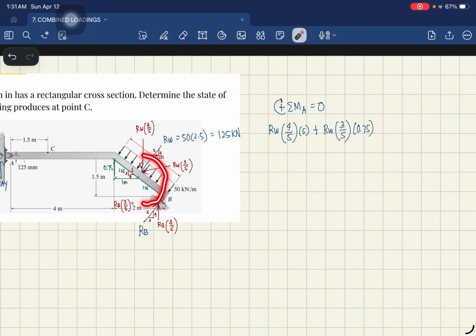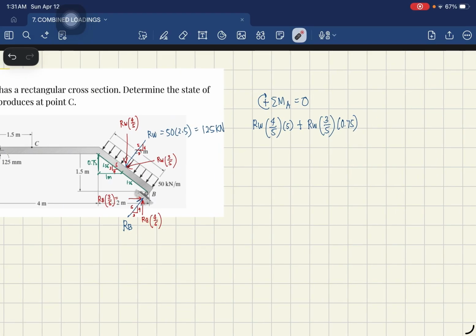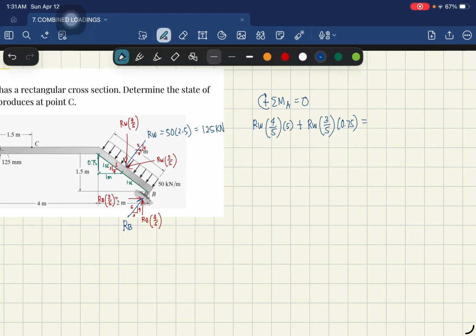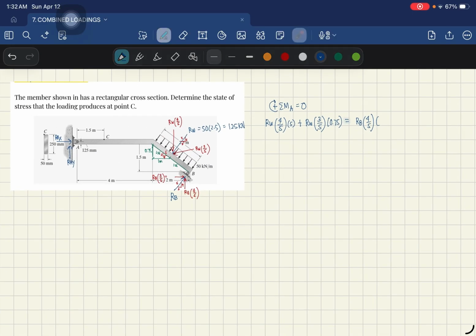Then, minus na natin yung mga opposite doon sa assume positive direction ng moment natin. So, equal na natin siya para maging positive. So, RB, then yung vertical component niya is 4:5 times yung moment arm niya, since ito yung vertical component, yung moment arm niya is perpendicular distance na 6 meters.